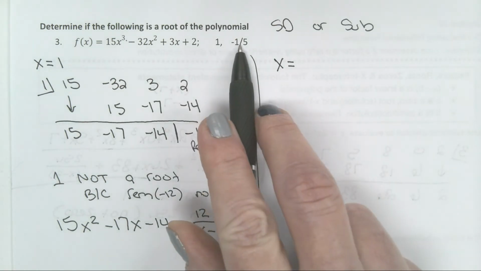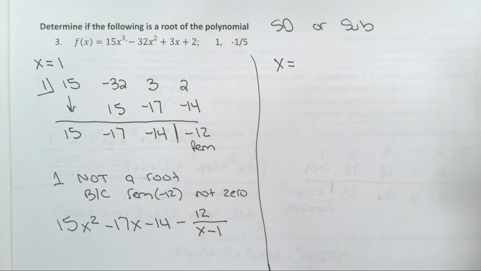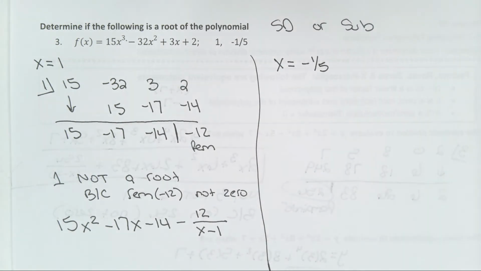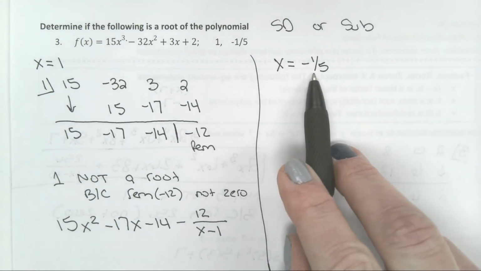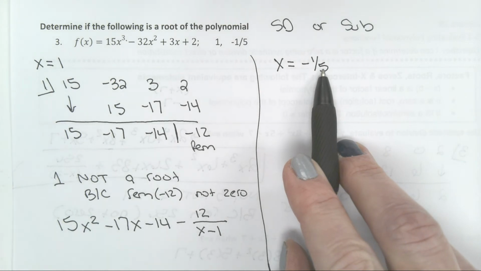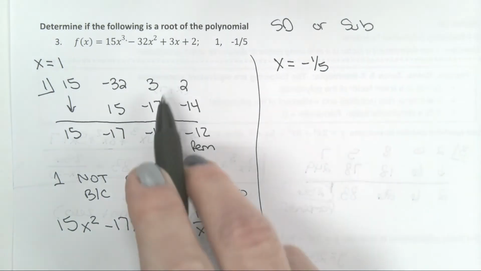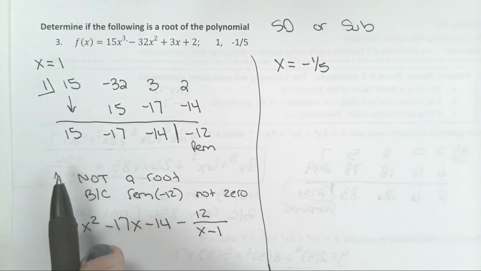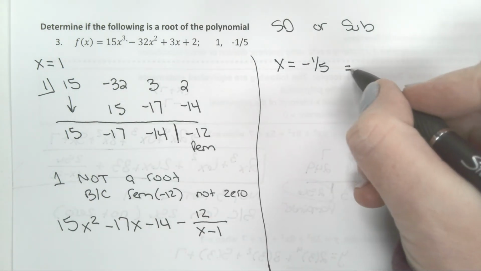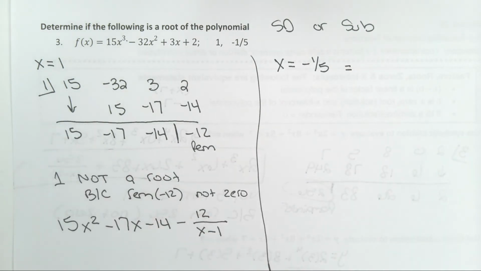I'm going to check and see if negative 1/5 is a root of this polynomial. And especially when I have fractions, I really like doing the plug it in, the substitute method, because then I don't have to multiply fractions.